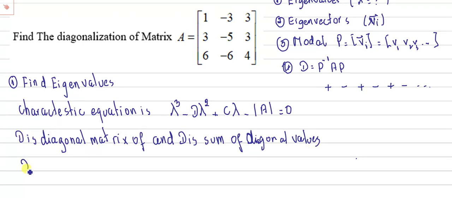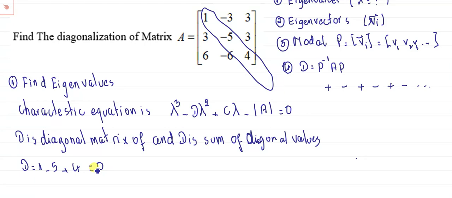So D is equal to the sum of the diagonal. I can write 5, 1 minus 5 plus 4, equal to 0.